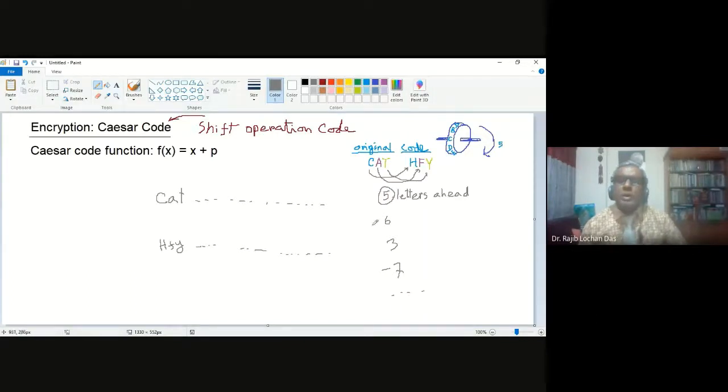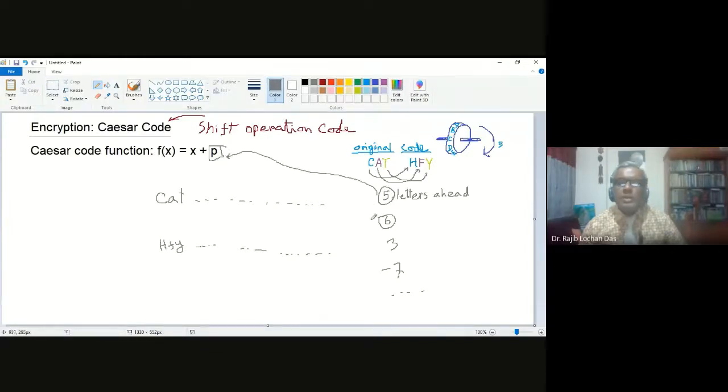All these numbers, how many positions will be shifted, that is our P. That means how many times the original letter will be shifted.